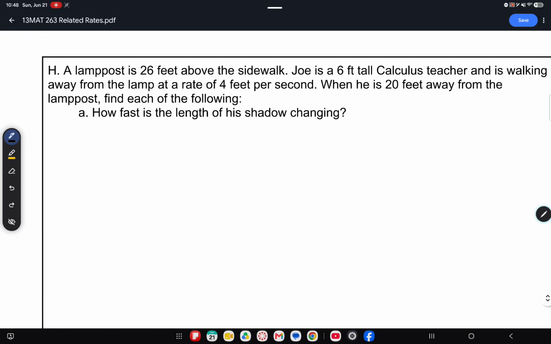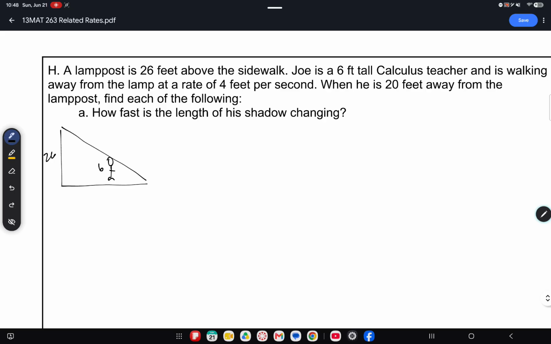Okay, so let's make a picture. So I have a lamppost and I have a guy, right? So, and he's walking away and making a shadow. He is 6 feet tall and the lamppost is 26 feet tall.